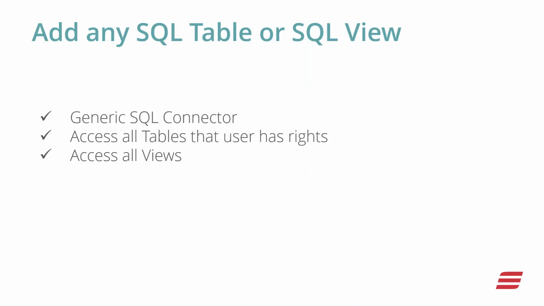So we do have a generic SQL connector that we can connect to any type of data. We can access all tables that, whatever the credentials for that user are, we can access that. And we can access all the views in there as well. So for the SQL people on this call today, I think you'll find that it's very, very flexible in how you can add the data that you need. So let's jump in and look at what we can do with that.